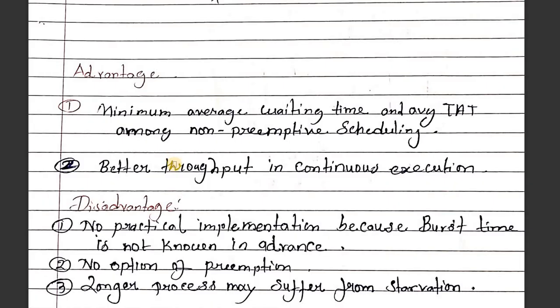Here is the advantage: the average waiting time and the average turnaround time are minimum. The advantage of SJF is that it has the minimum average waiting time among all non-preemptive scheduling algorithms.